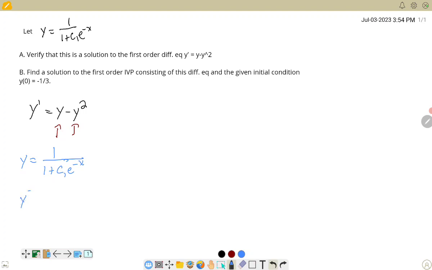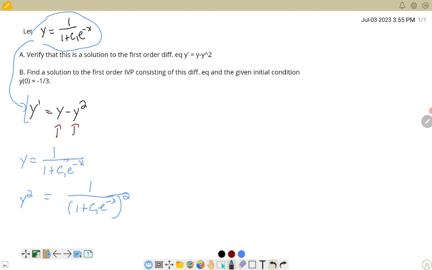Now y squared is going to be equal to 1 divided by 1 plus c1 e to the minus x, the whole thing squared. Okay, so now the question is, is this y a solution to this equation?